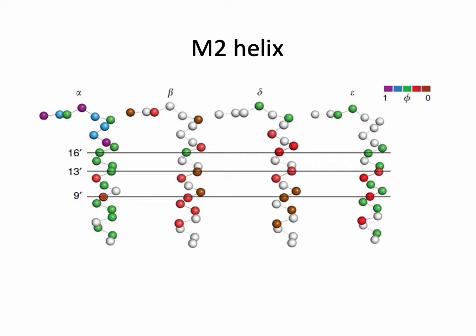And the gate region is between residues 13' and 9' at the equator of the M2 regions. And you can see that the brown residues, the phi equals 0 residues, are mostly at the gate region or below, and in non-alpha subunits, although this 9' residue in the alpha subunit was also phi of 0.